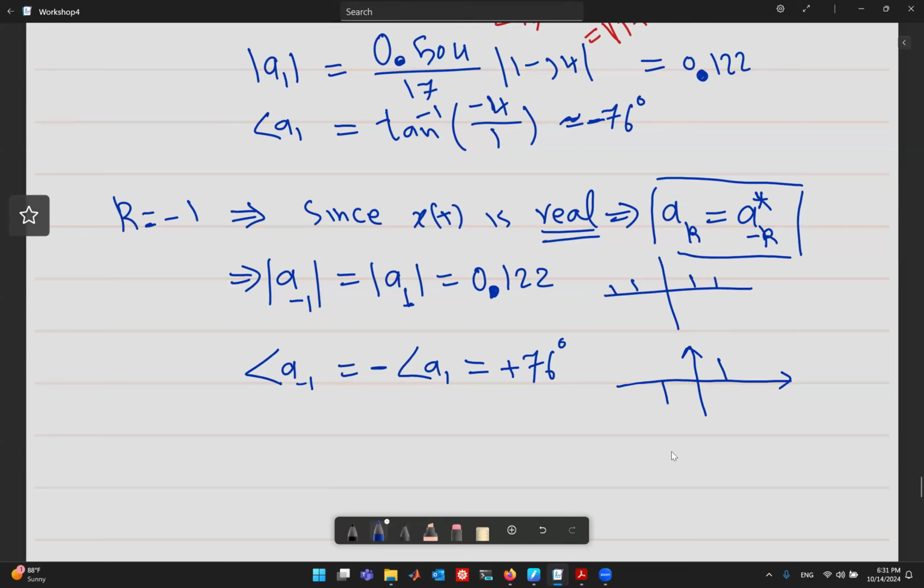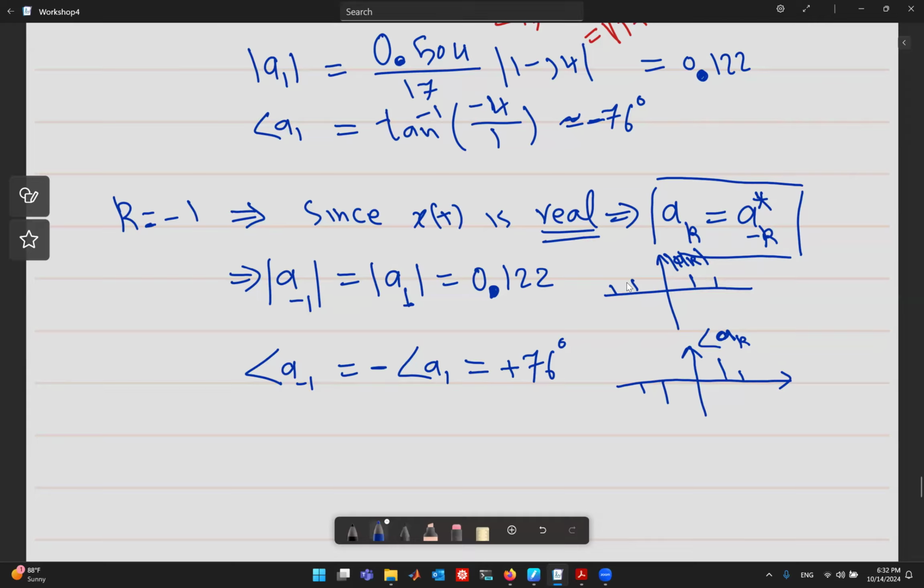Whatever you see here, you'll see it here. Is it clear? Yeah, I think so. This is the phase, and this is the magnitude. Because the signal that we are dealing with is real, you will always see this.